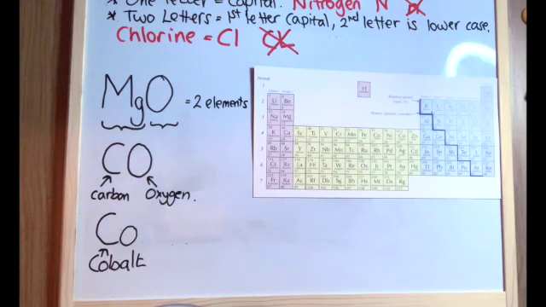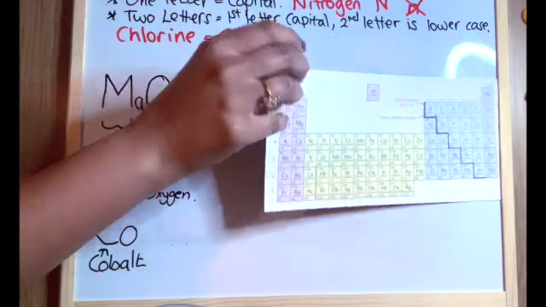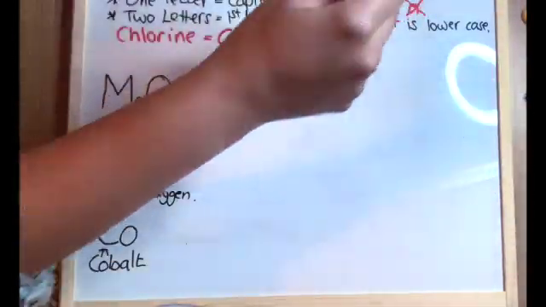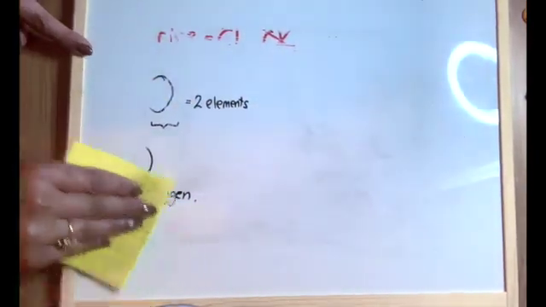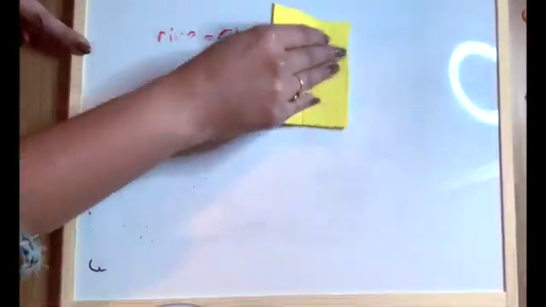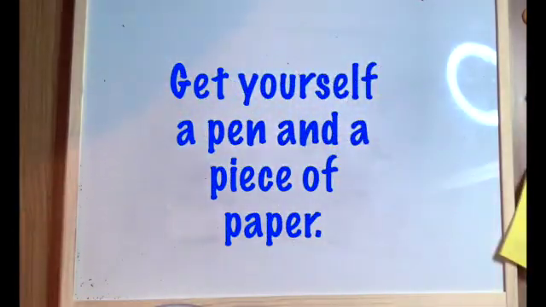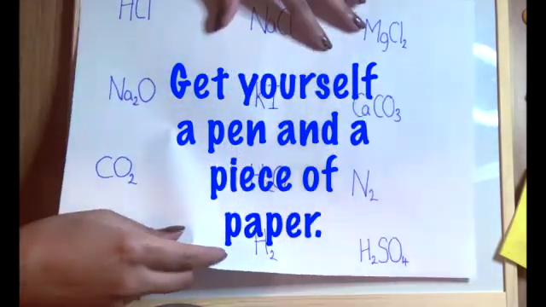Now, what I'm going to ask you to do, just so that we can make sure you've got the hang of this, is I am going to rub this off, and I'm going to ask you to have a go at writing down. So this is where you need your pen and your piece of paper.